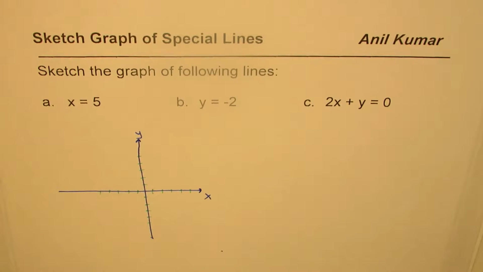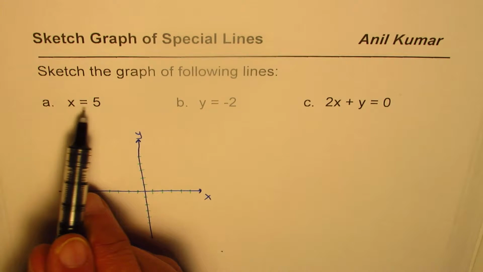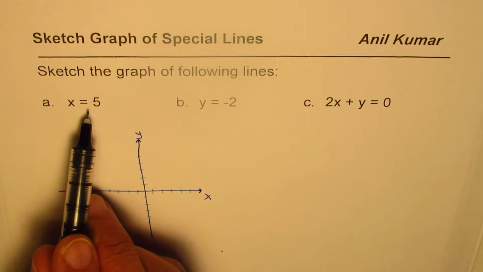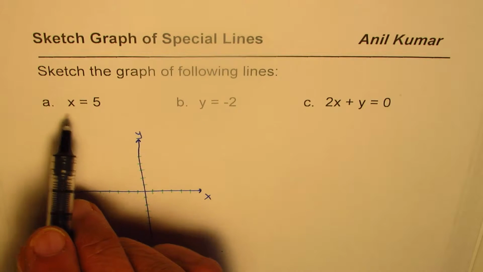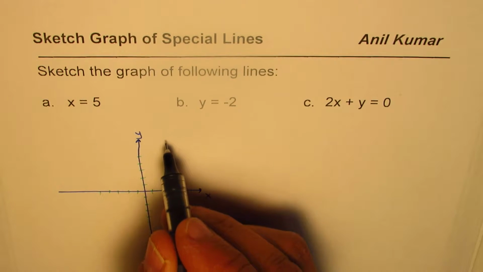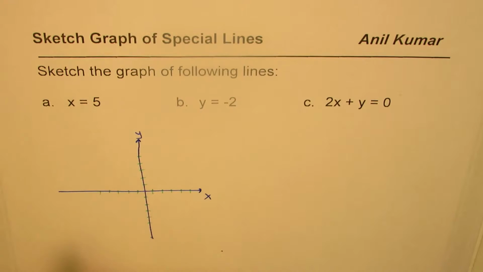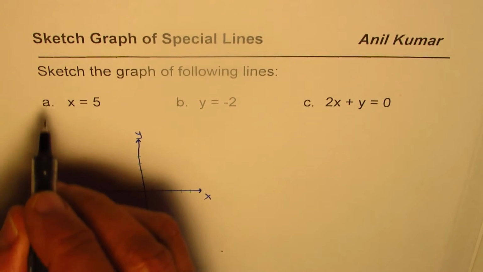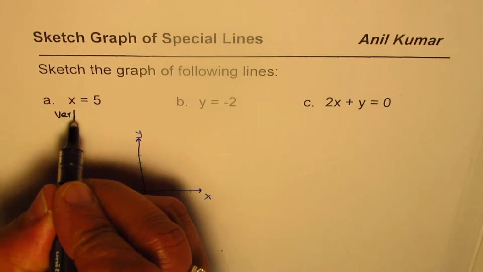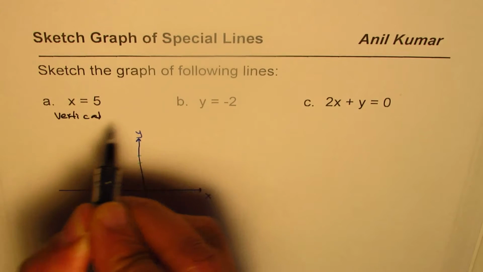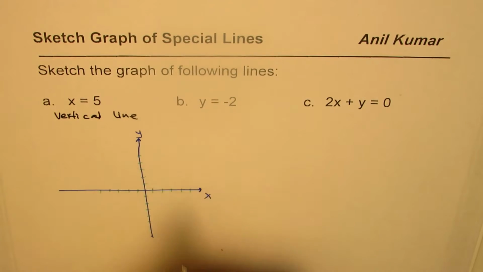X equals to 5. What do you think this line will look like? When we say x equals to 5, that really means that all the points will have x value as 5. So this line basically is a vertical line where all the values are 5.